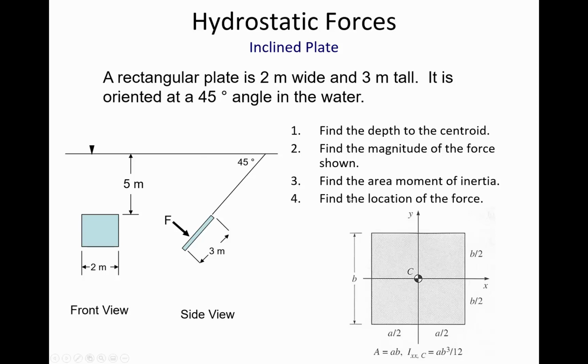Area moment of inertia is going to be the same as our previous example. And then the location of the force: you're going to have to find the YCP, and it's going to be an inclined distance, the inclined distance from the water surface to where the force is applied. So you'll use the Y bar, use I divided by Y bar A.